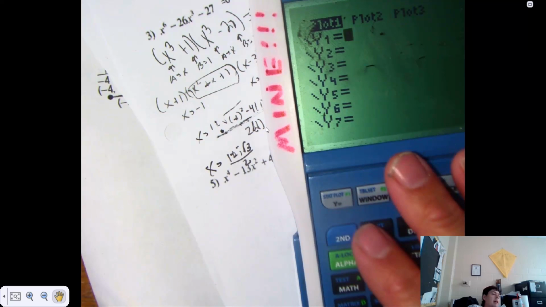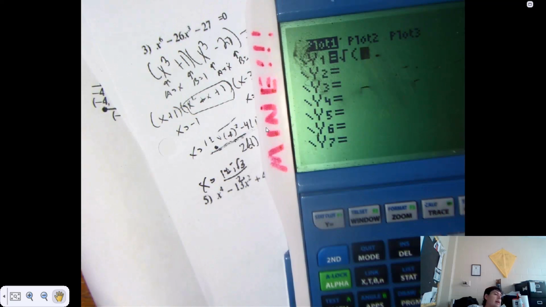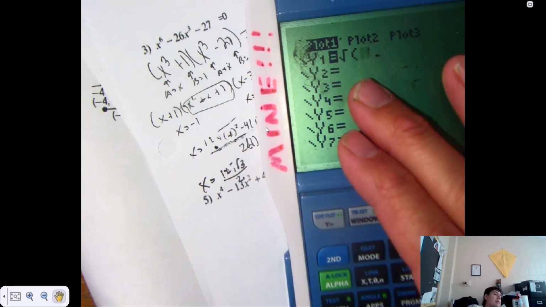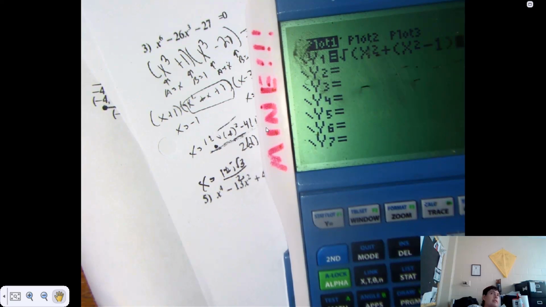But I'm at y equals square root. The older calculator opens up a master set of parentheses. So x to the second. Then I have plus, don't I? Right? Plus x squared minus 1. That guy is squared.